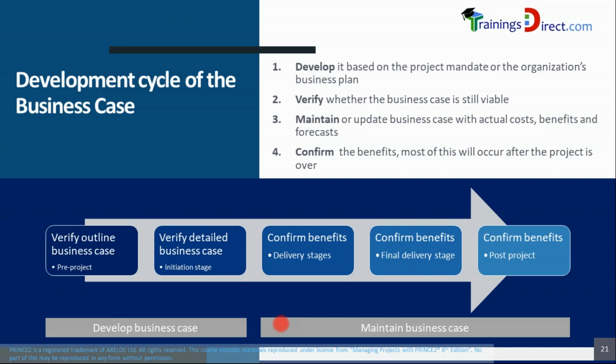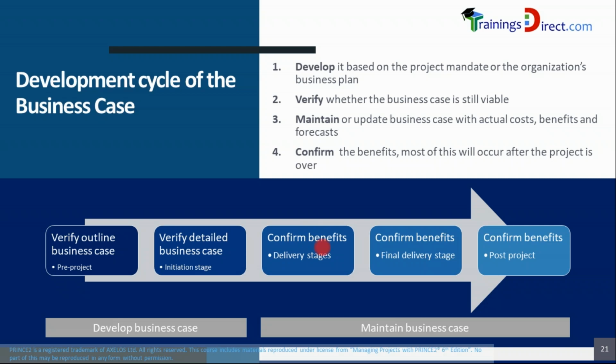After that, it's just maintained during the delivery stages of the project, which are steps 3 and 4. Step 3 is maintain or update business case with actual costs, benefits, and forecast. Because a business case is a justification for a project, it should contain targets for the costs, benefits, and other items like timelines, scope, quality, and risks at a very high level.